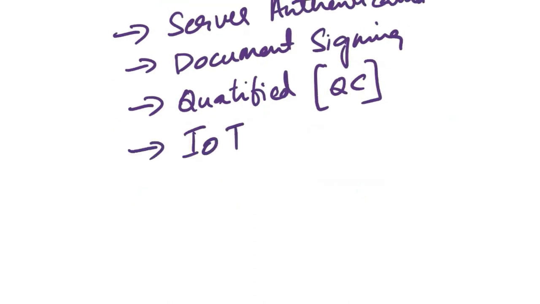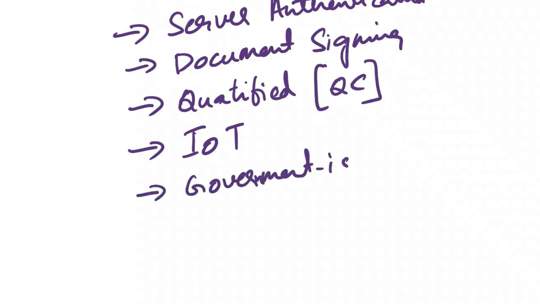These are designed for IoT devices. These certificates ensure secure communication between devices and centralized systems. They are essential for securing smart devices and systems. Next is government issued certificates. These are issued by the government authorities for various purposes such as identity verification, digital signatures, and secure access to government services.